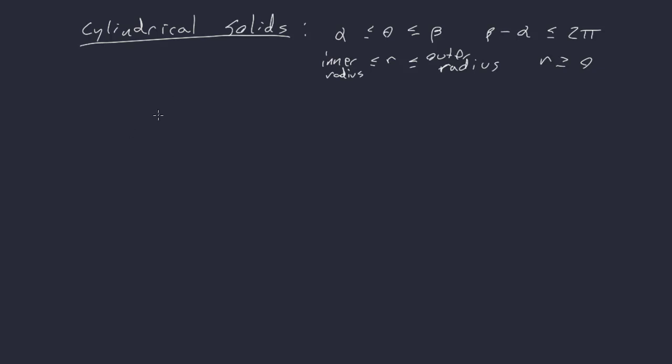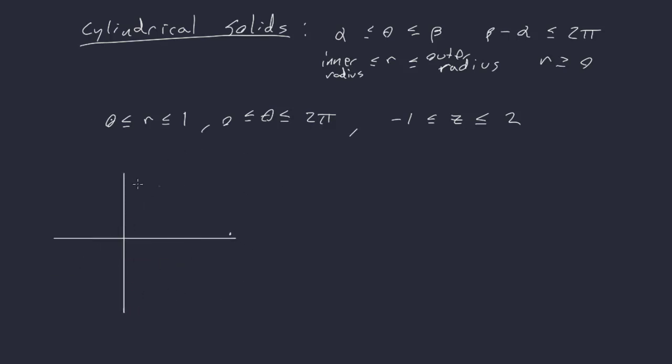A very simple example would be something like this. If we let r range between 0 and 1, we let theta range between 0 and 2 pi, and let's say we let z range between negative 1 and 2. Okay, so we start by looking at the XY plane like we normally would.